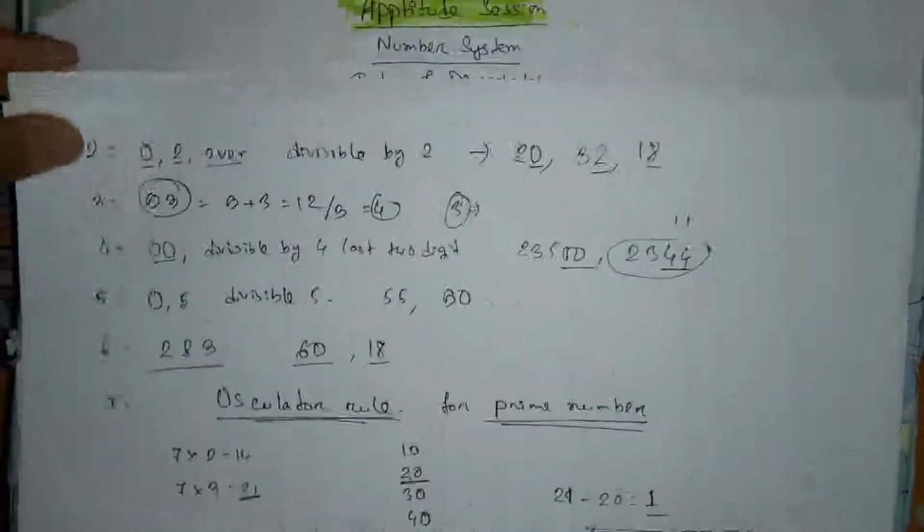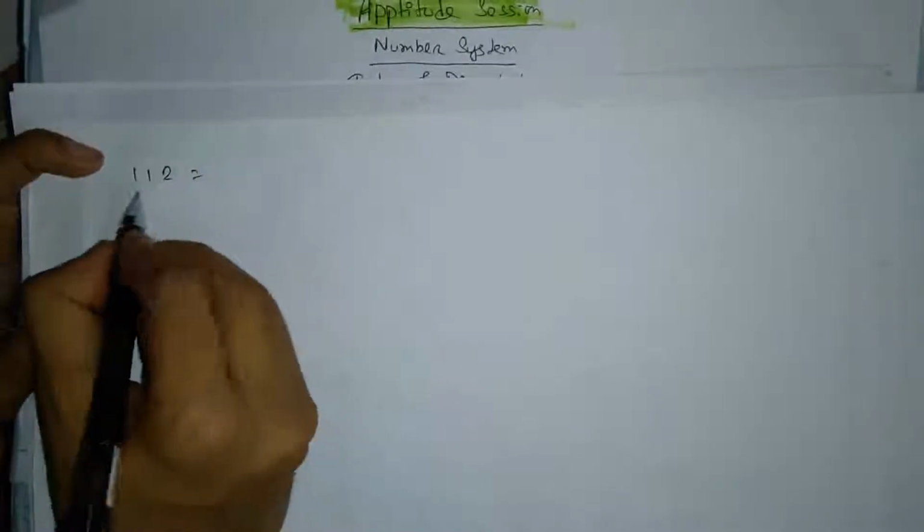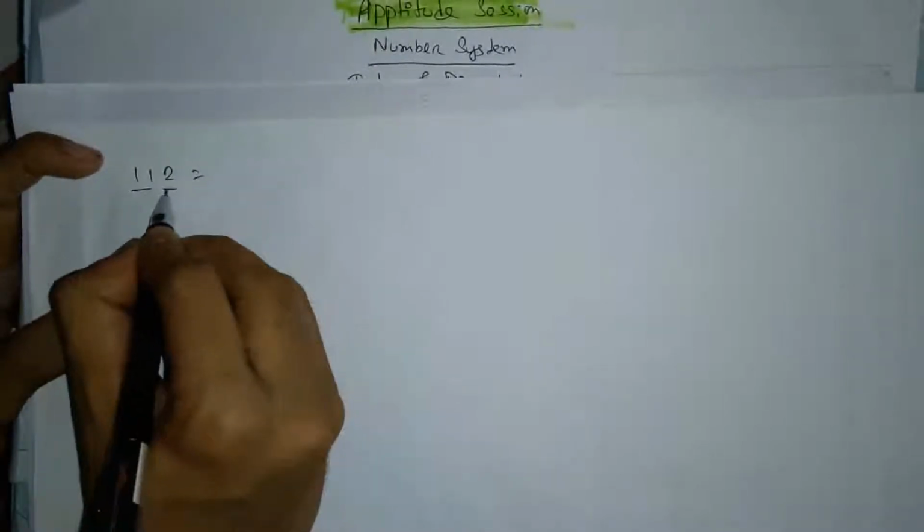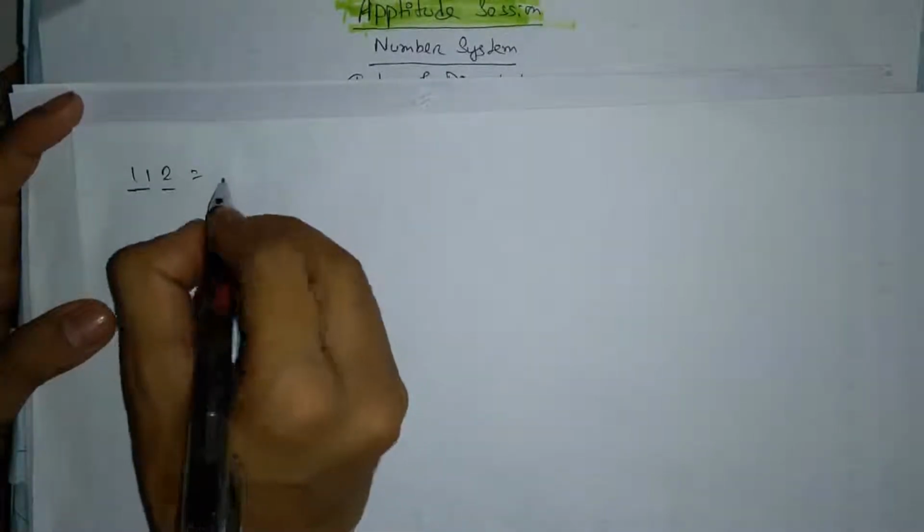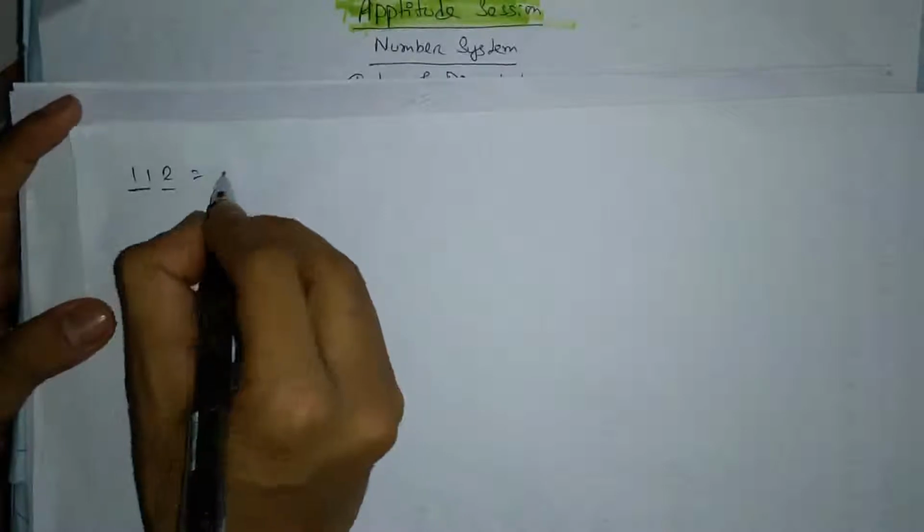Let's take an example, 112. So we have to divide it into two parts: the last digit as one part and the other digits as one part.